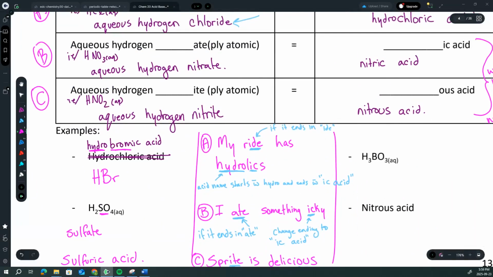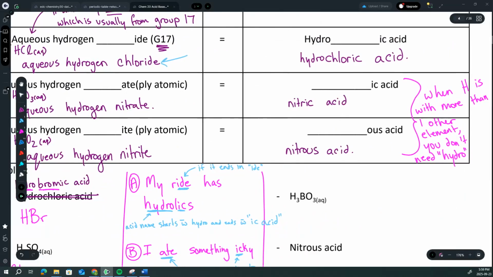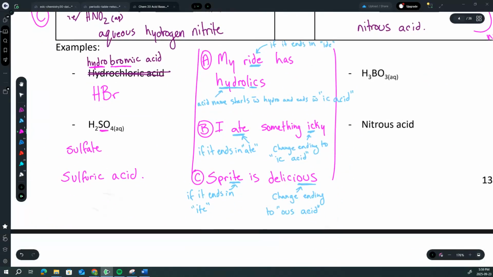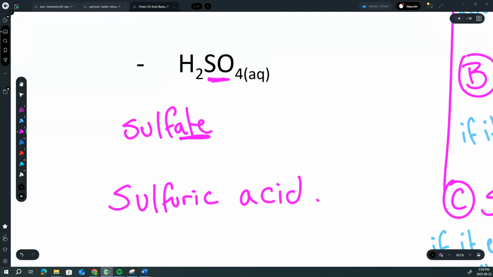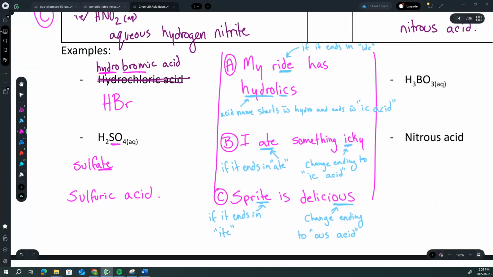These rules aren't perfect, but with time and with practice, you'll get used to little anomalies like this. Okay, so we're changing the ending ate to ic acid, but with this compound here, we do have to call it sulfuric acid instead of sulfic acid, which is what one would expect given our rules.